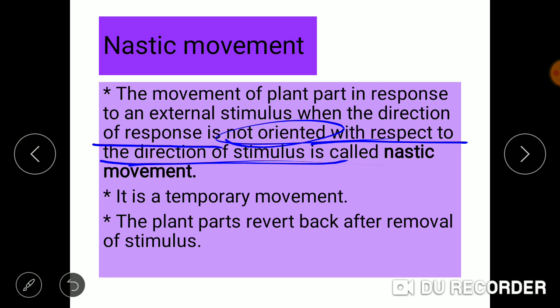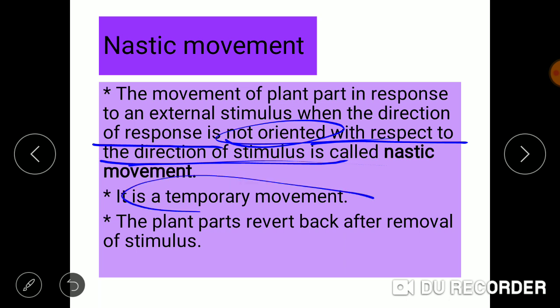The plant will obviously show movement, but that movement will neither be towards the stimulus nor be away from it. It can either be towards the left or towards the right. So the response is not fixed, whether it will show positive or negative, it will definitely show some kind of movement.